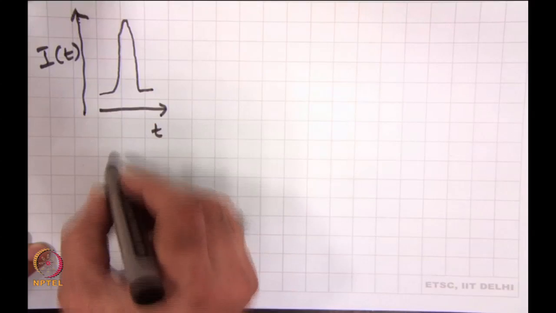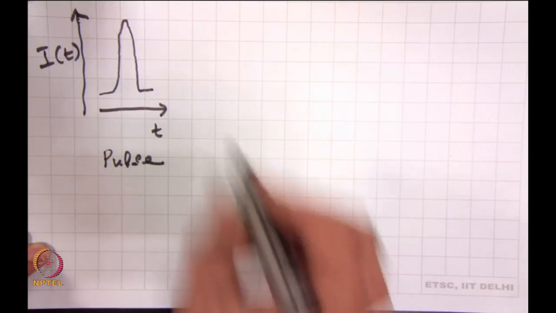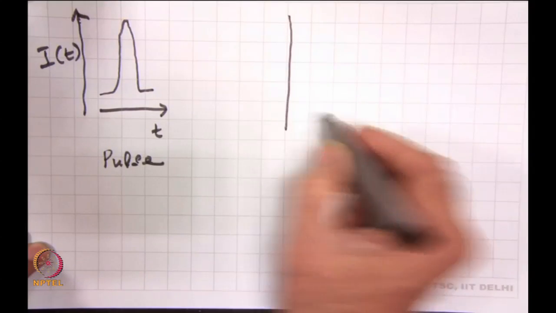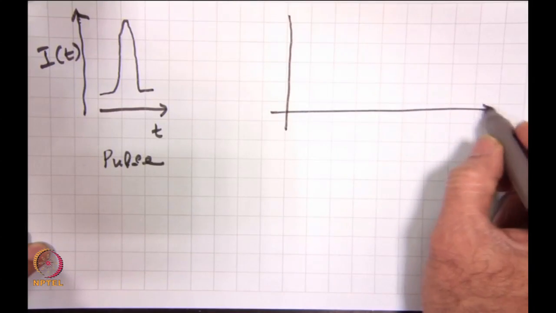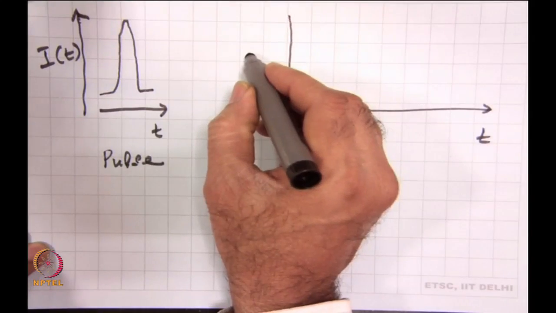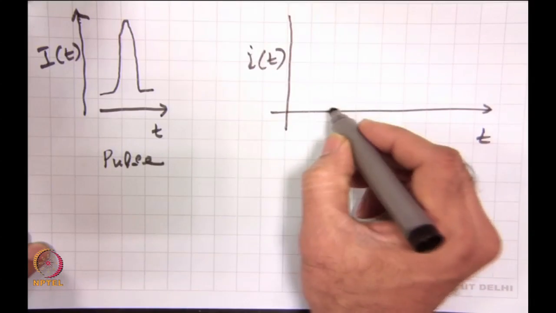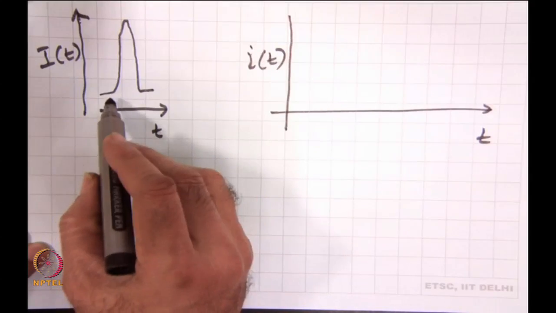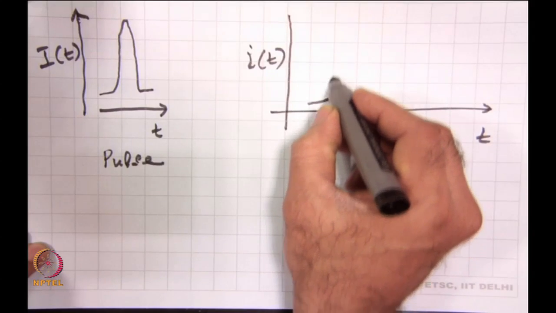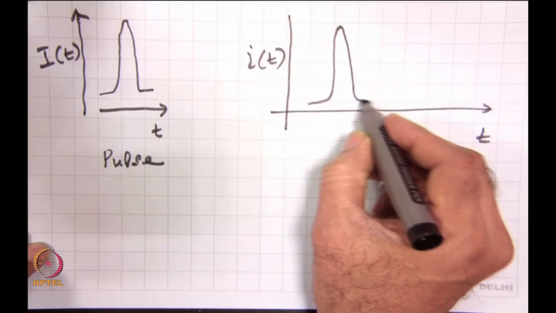So, this is the incident pulse on the photodetector. The current response of the photodetector, if I take an APD, I am plotting as APD current I of t. Ideally, when the intensity goes up, I should have the current going up like this, and when the intensity comes down, the current should come down.